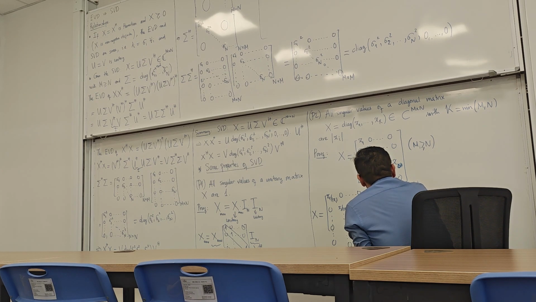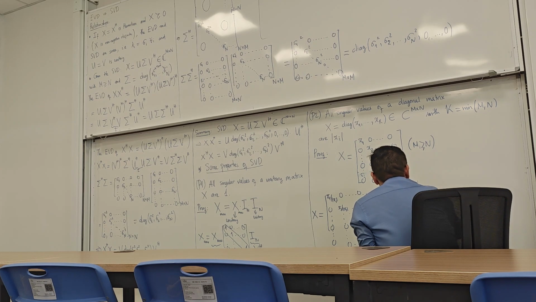Let's rewrite it. This is x1, 0, so on, 0. 0, x2, so on, 0. Go to 0, 0, so on, x_n. And then 0, 0, so on, 0. Like this, this is m by n.